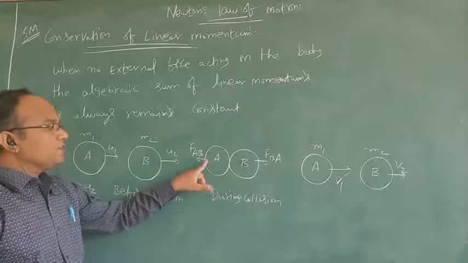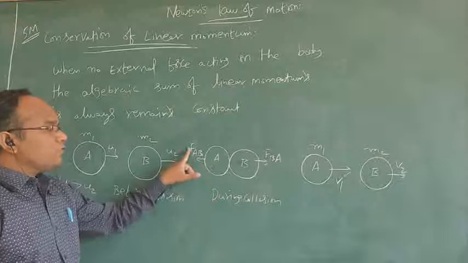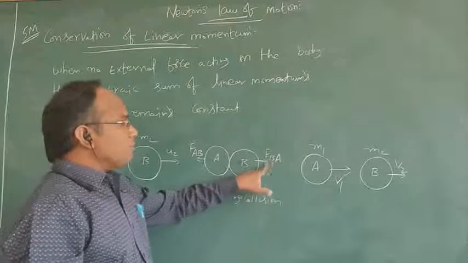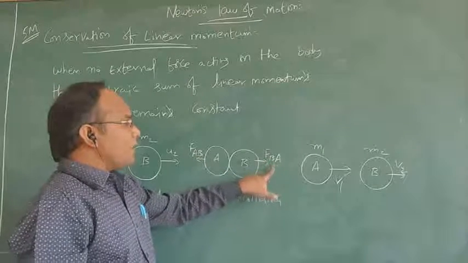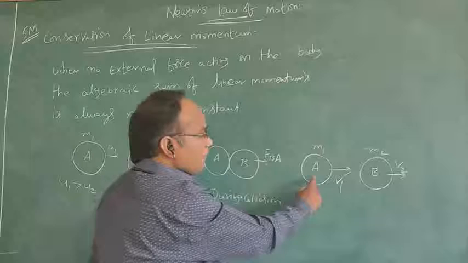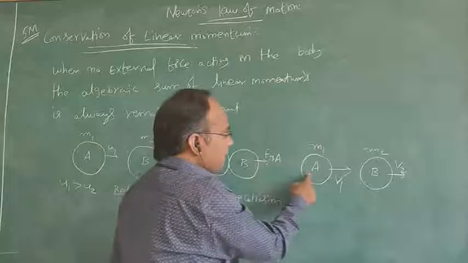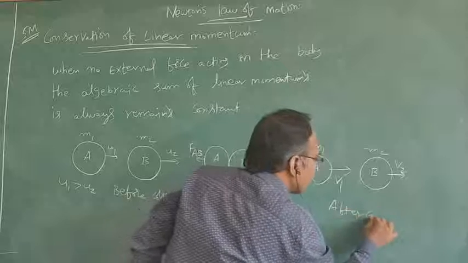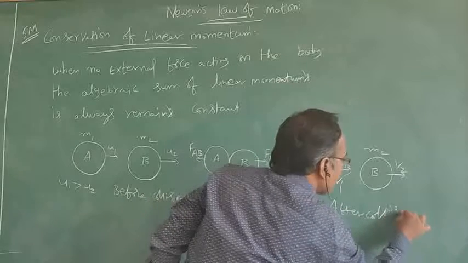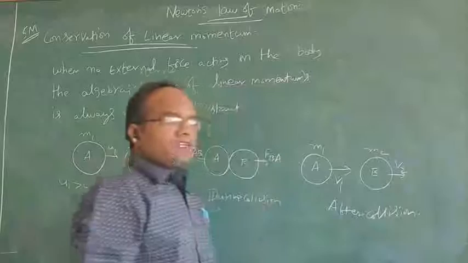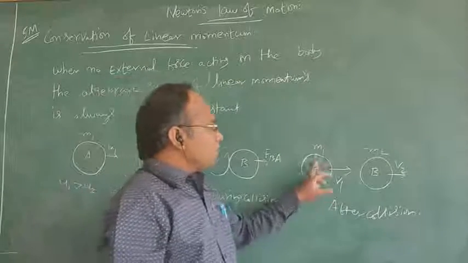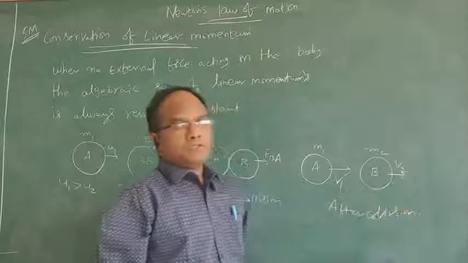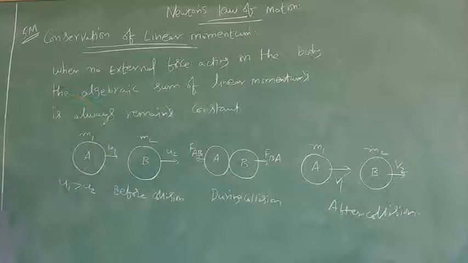Force of A is exerted on B, and force of B is exerted on A. After collision, they are again moving, with final velocities v1 and v2. Okay.